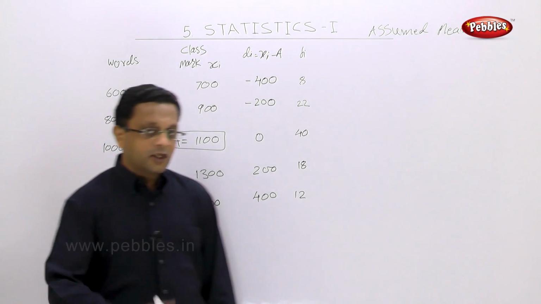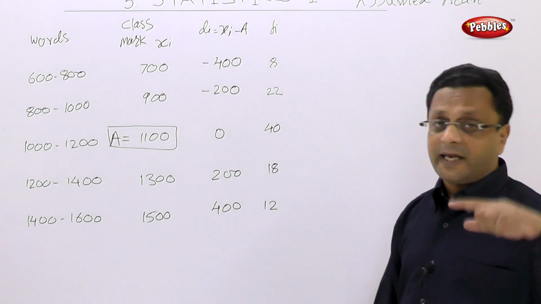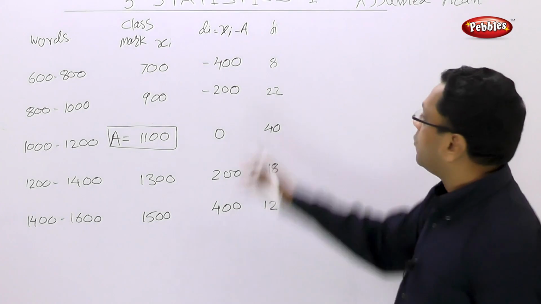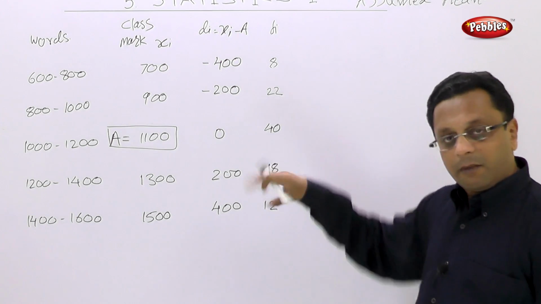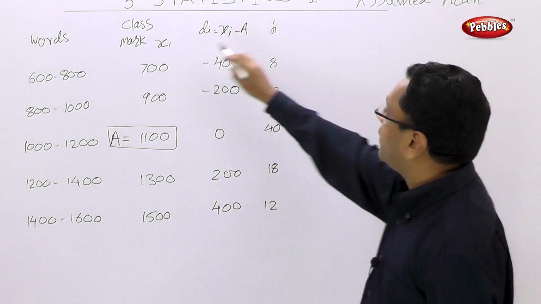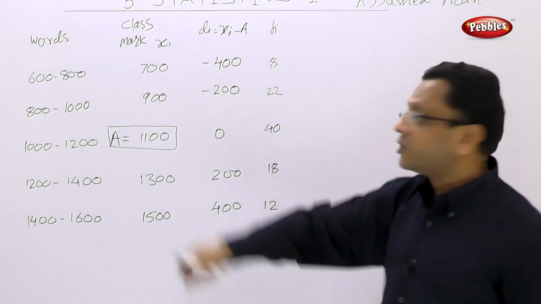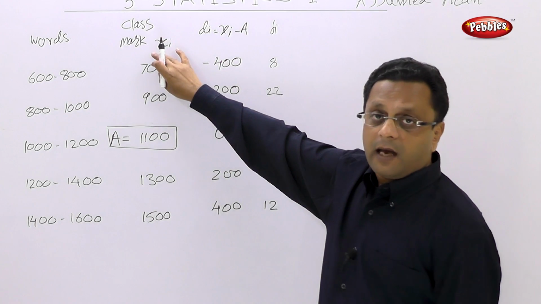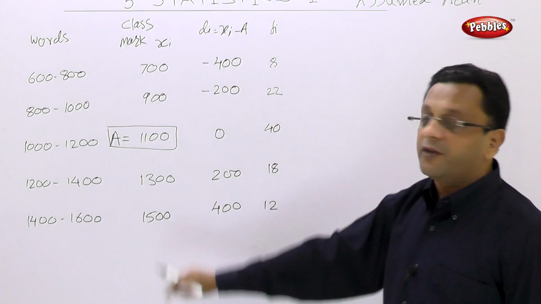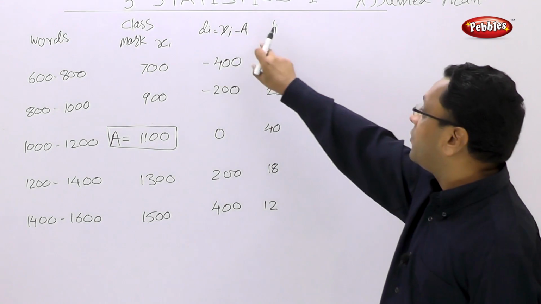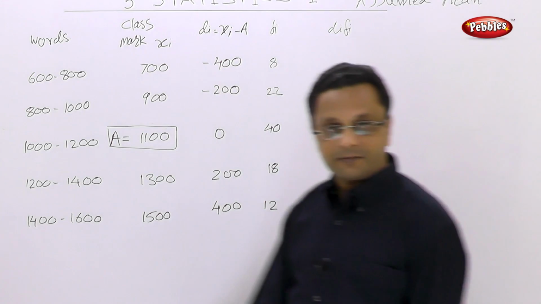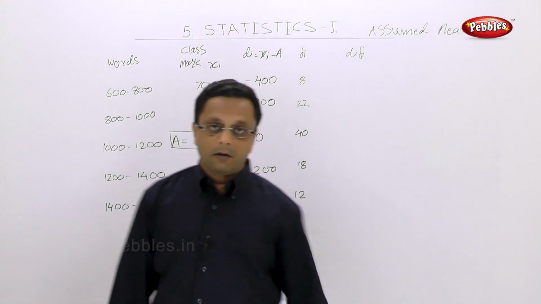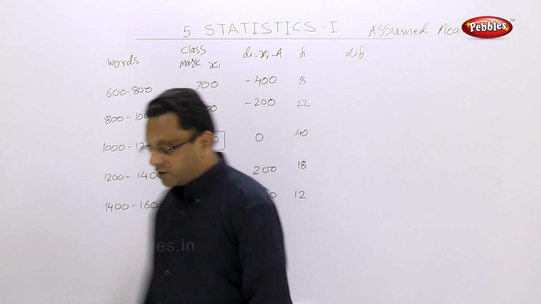Now my next step is, what was my second step in the direct method? Was doing xi fi. So here my next step is finding out di fi. Instead of xi, I have modified this figure to di. So now I will find out di fi. Okay, do the calculations very fast.